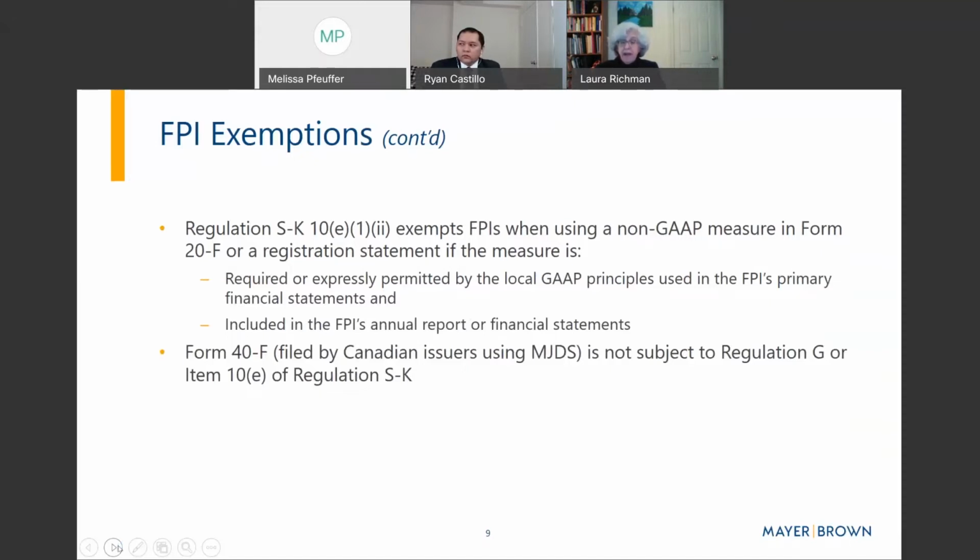Now keep in mind that Form 40-F, which is the MJDS form used by Canadian issuers, isn't subject to either Regulation G or 10(e).